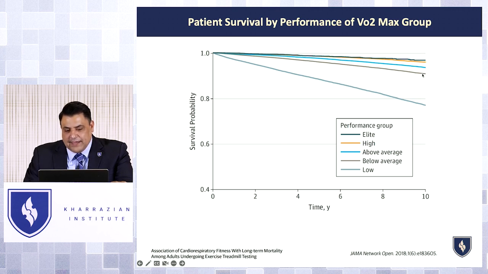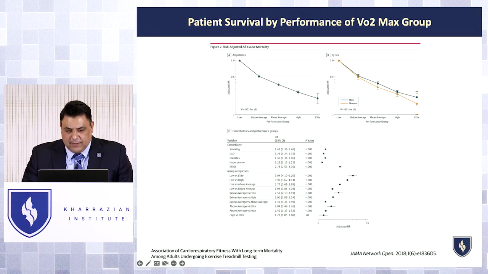So as long as someone's getting any kind of physical activity in, there seems to be protective effects. It's not like unless you're a super athlete, you don't get any cardiovascular protection, okay? So that's the main thing to take away there.